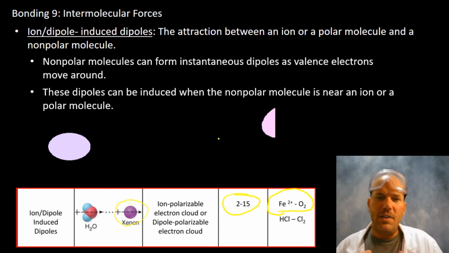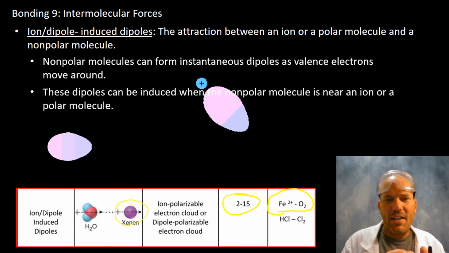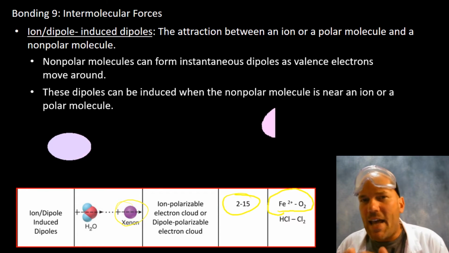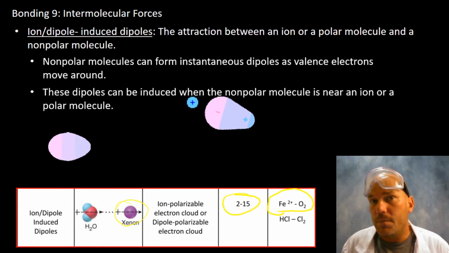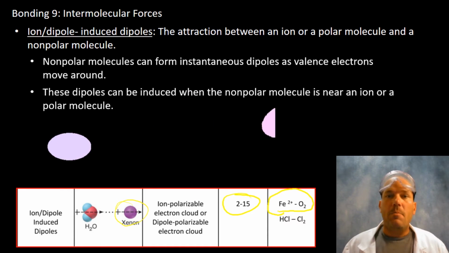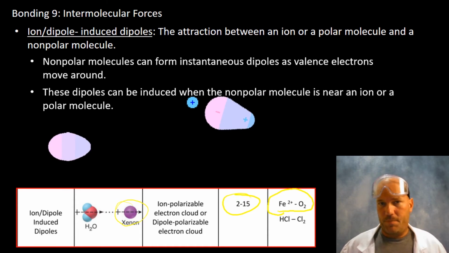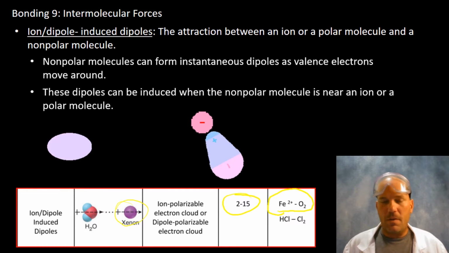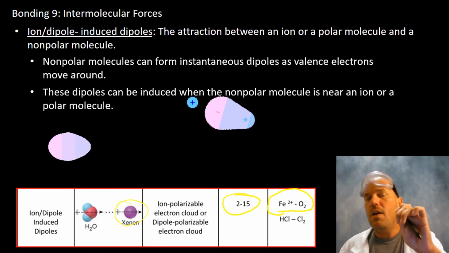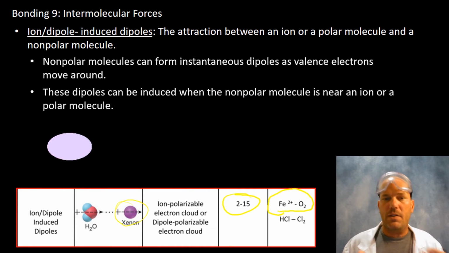Now notice when these interact, there's an instantaneous pole or dipole that sets up in the nonpolar larger molecules. This shows that yes, they form, but they are always changing, which is why we refer to them as instantaneous dipoles, but it's still an intermolecular force, an attractive force that's occurring.